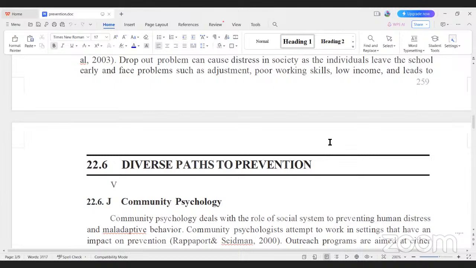For that, as a community, what precautions we can adopt, this type of things we can do. As a social worker, we can work like this. If somebody has social worker interest, working at community level is a very good thing.